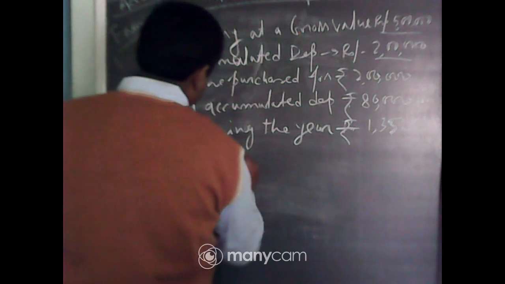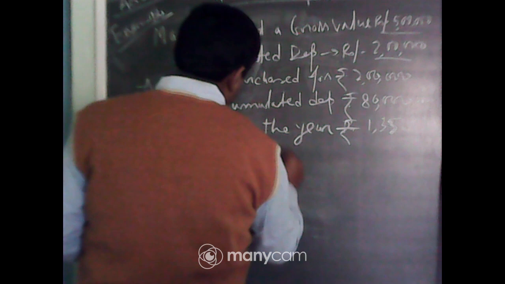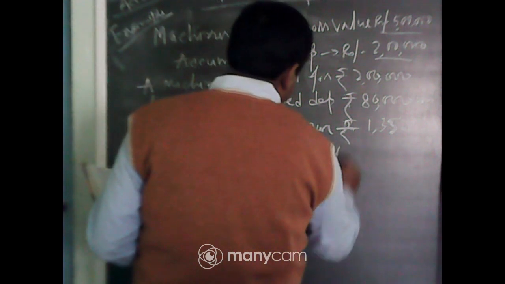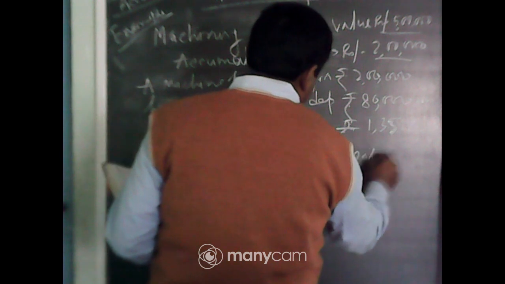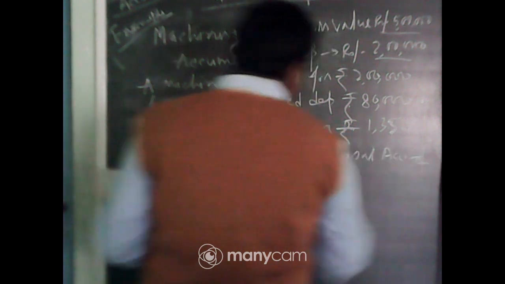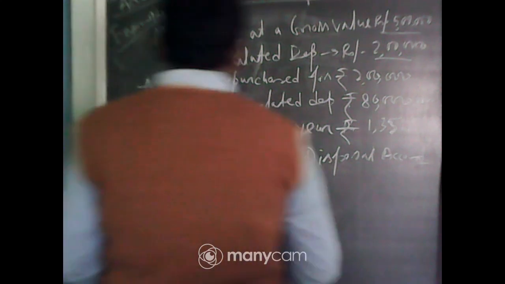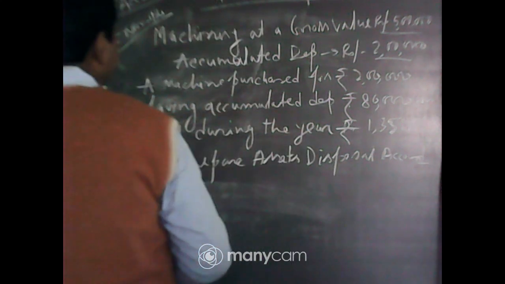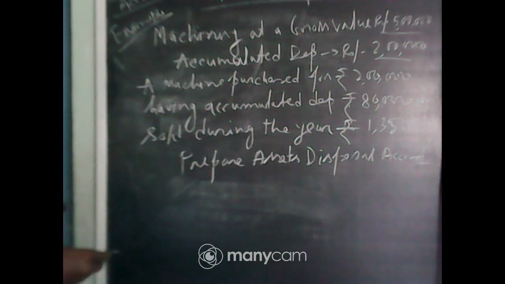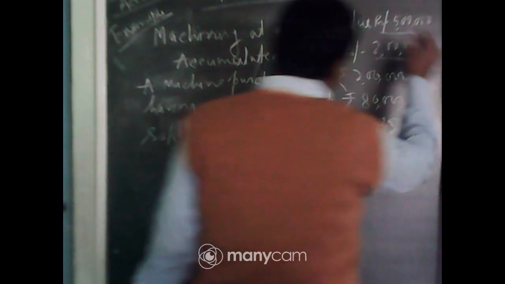Prepare asset disposal account. Very simple. In this practical problem example, machinery gross value is 5 lakh, accumulated depreciation is 2 lakh.